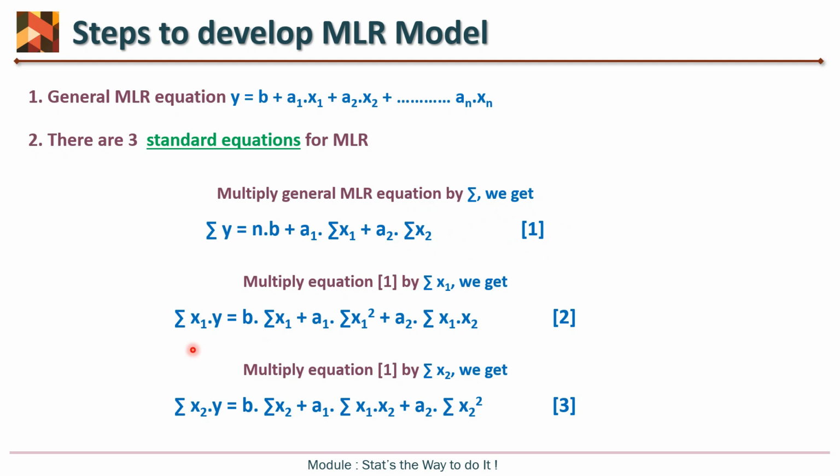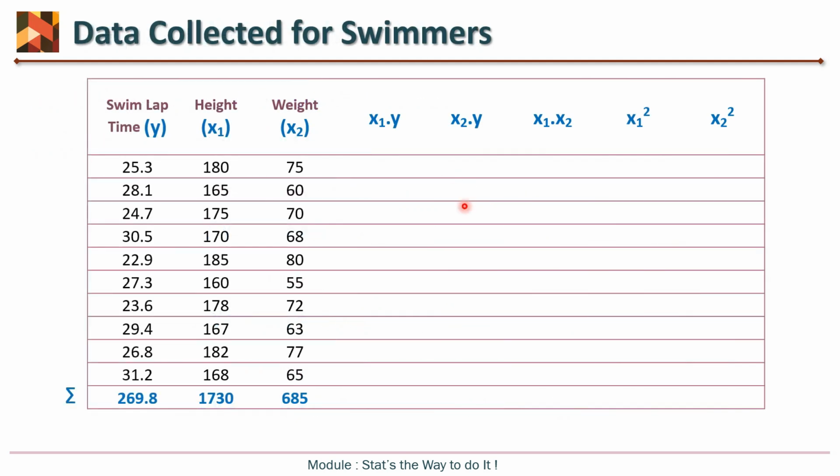Now for equation 2, do we have column x1y? No, so we will generate it. Do we have column x1? Yes. Do we have column x1 square? No, so we will generate it. Do we have column x1 x2? No, so we will generate it. So you see here, we have generated x1y, x1 square and x1 x2.